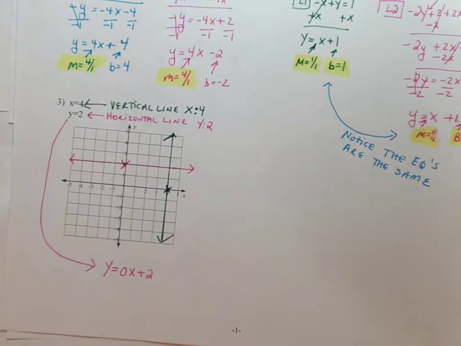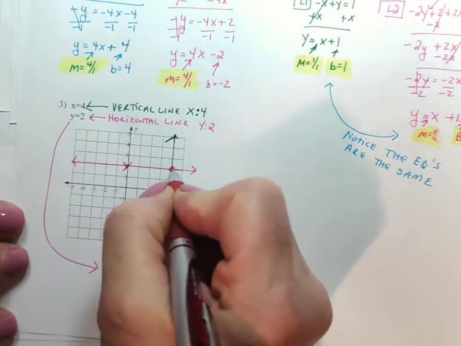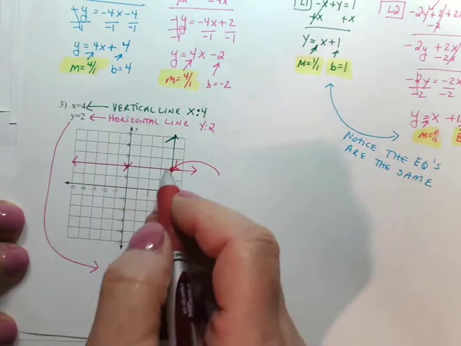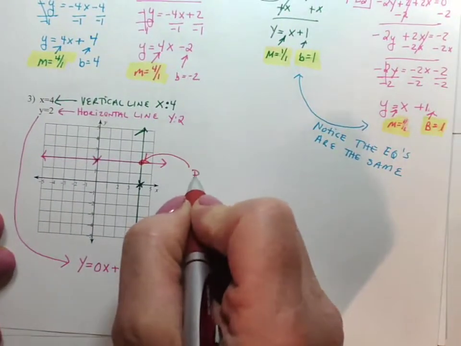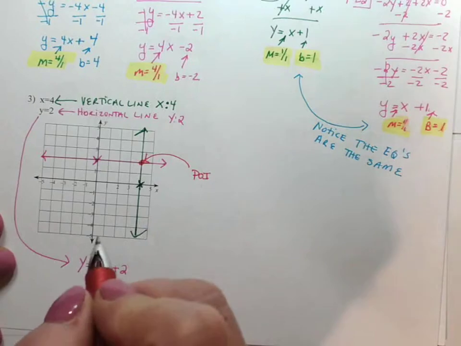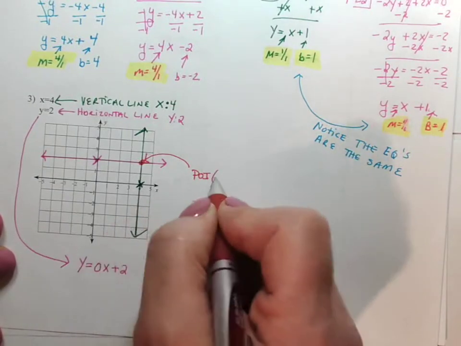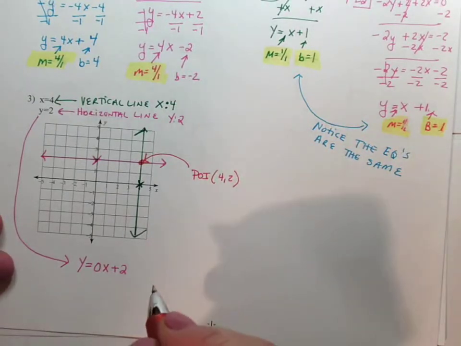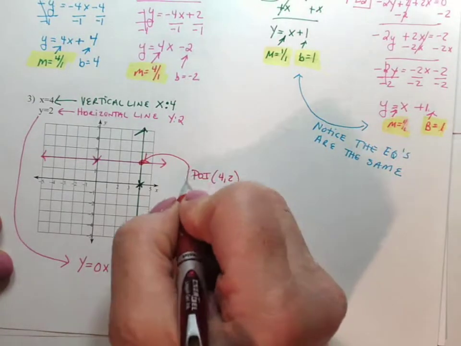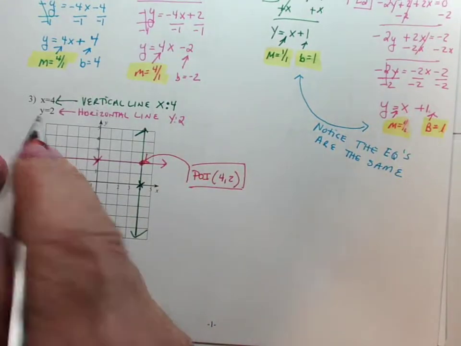So now, what's the solution? The solution is where they intersect. The point of intersection is at (4, 2). We could check this.